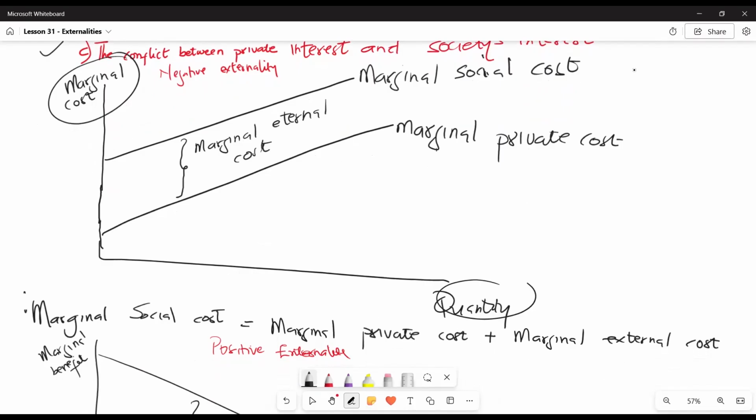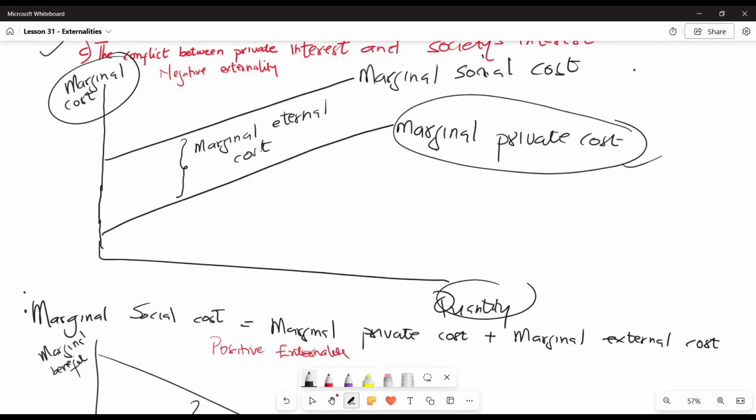A seller's private cost is the cost of producing the good. But this seller's private cost can be different from society's cost. Society's cost is not just taking into consideration the cost of production to that seller, it's also taking into consideration the external cost, which in this case we are calling externalities.